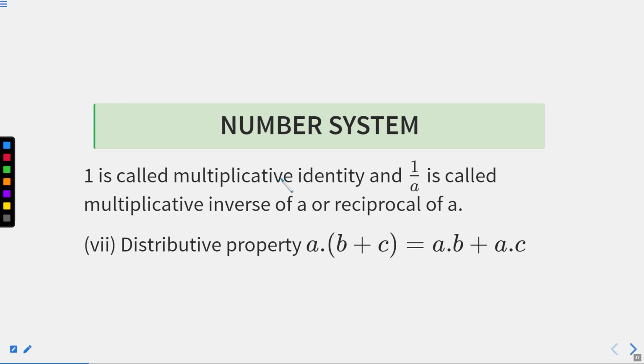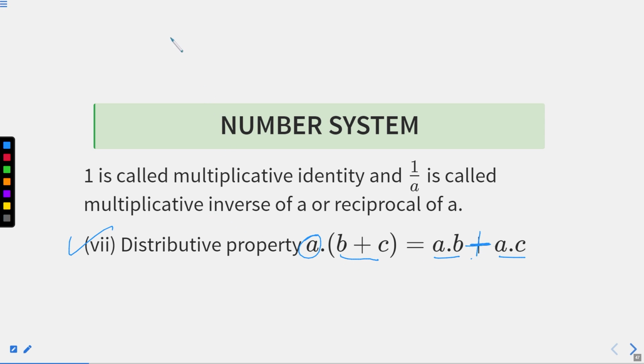Let's move on. Now the distributive property. It says the distribution of multiplication over addition. So if we add b and c and then multiply with a, it is the same as multiplying a with b and multiplying a with c and then adding both the products; the answer will be the same.